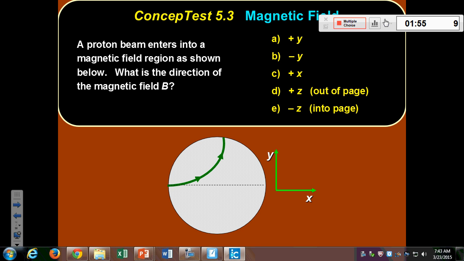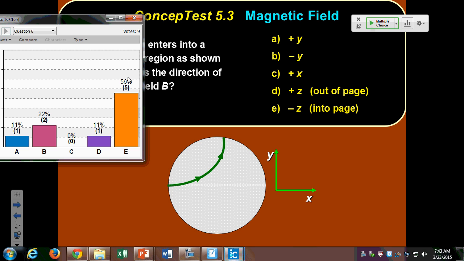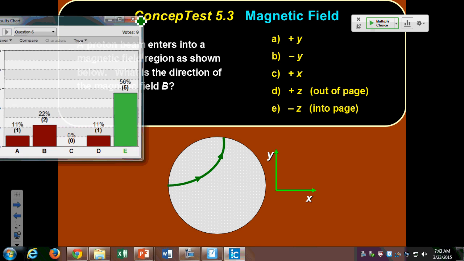Okay, good. It looks like a few of you are changing your minds. That's good. It's a little better. All right, I'm going to stop at 210. E is the right answer.